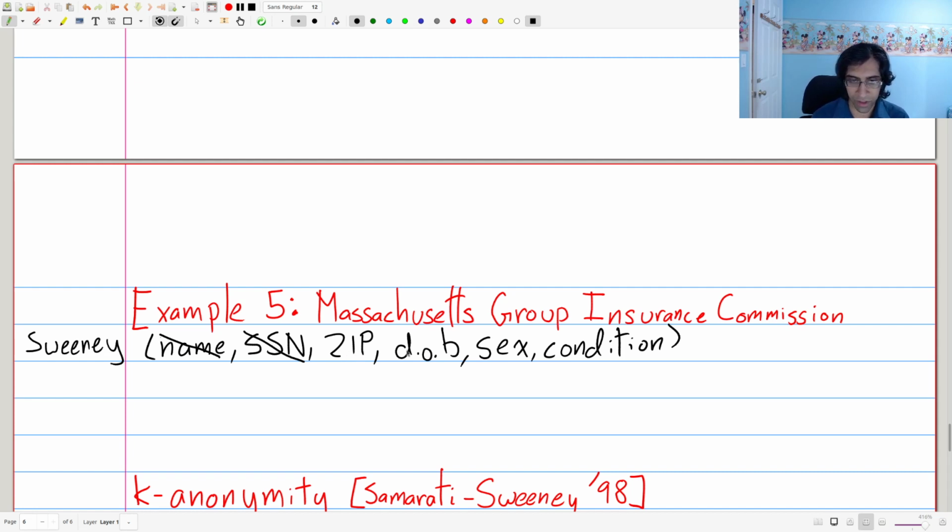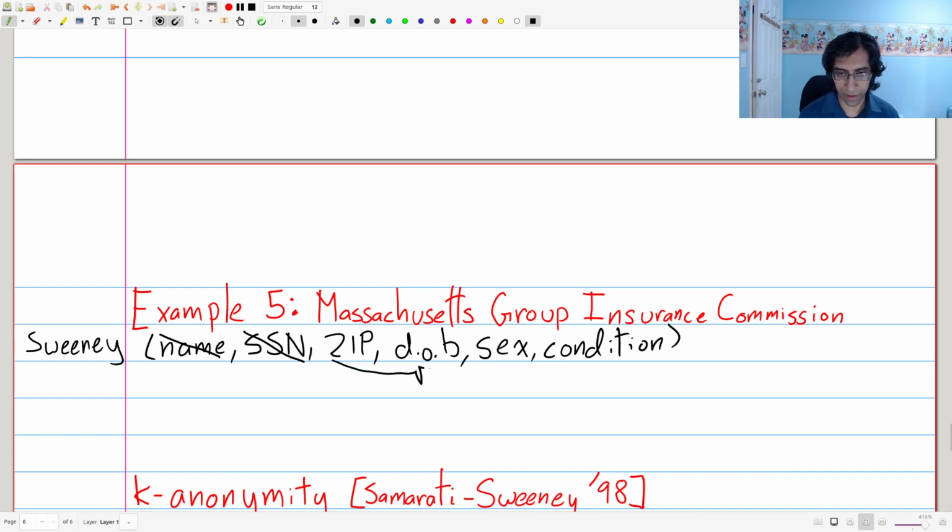Okay, she didn't observe this specifically at the time, but essentially things like the zip code, date of birth, and sex kind of identify an individual. How many people do you think share your same zip code, date of birth, and sex? Perhaps not that many.